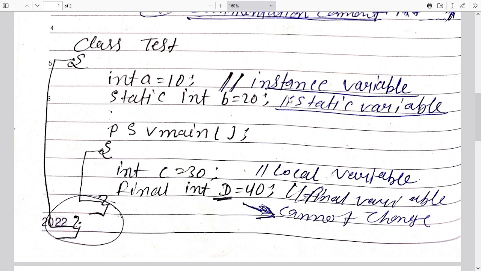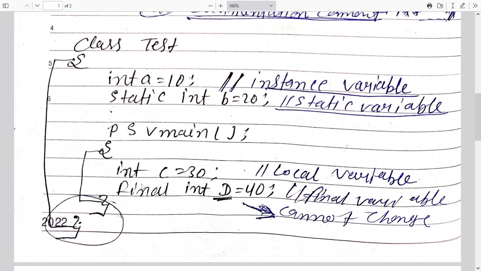What is an instance variable? An instance variable is just like a global one, declared inside the class but not inside a method, so we call it an instance variable. The variable that contains the static keyword is called a static variable.